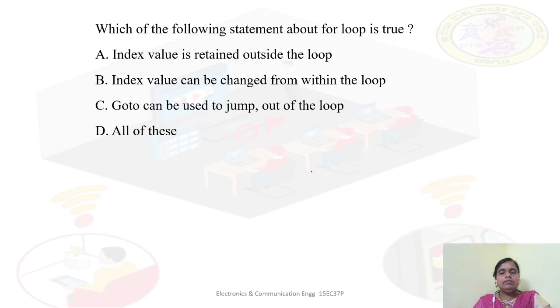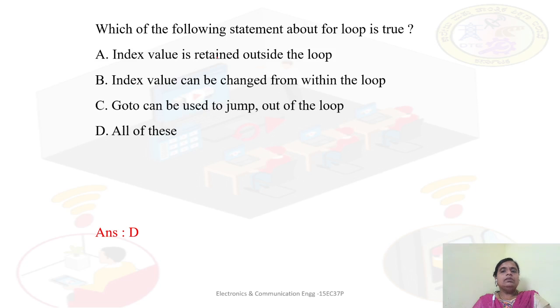Just one question related to your loop. Which statement about the loop is true? The index value is retained outside the loop. Index value can be changed within the loop. Goto can be used to jump out of the loop. Which of the statements is true here? All the statements are true.